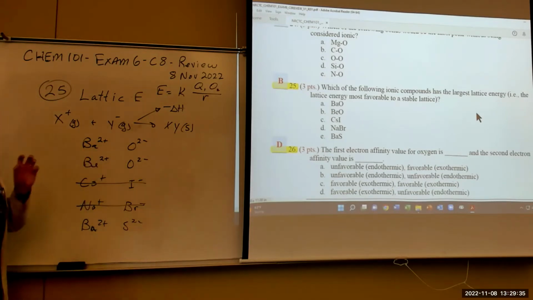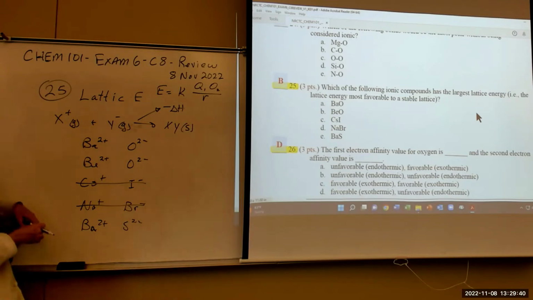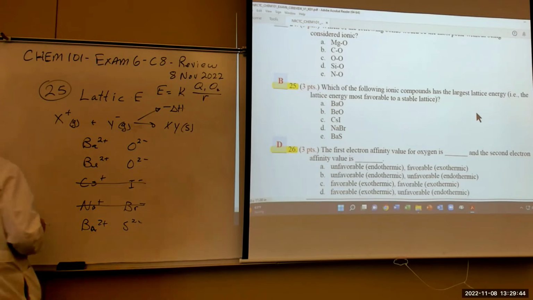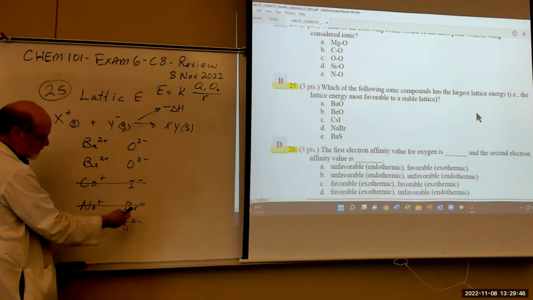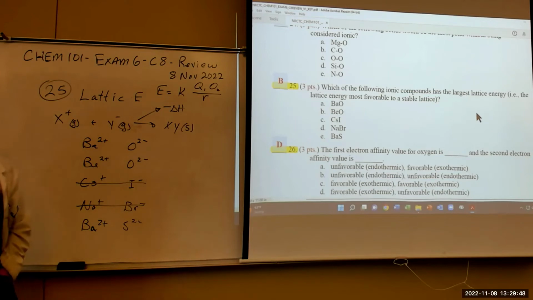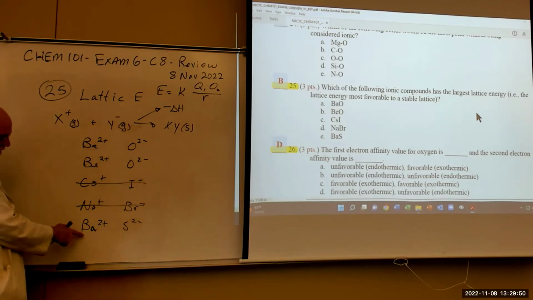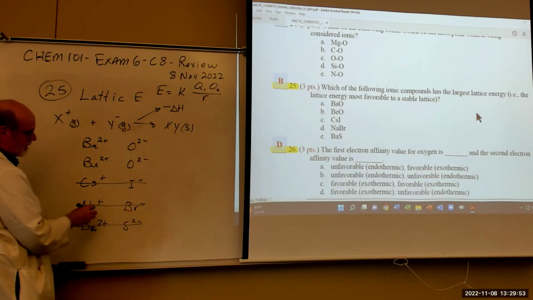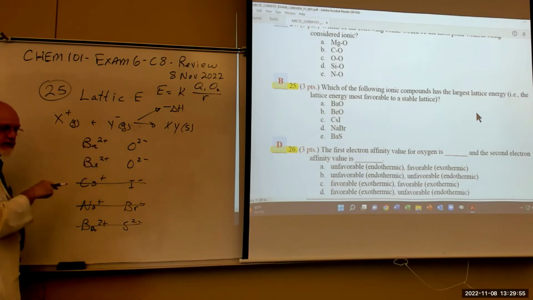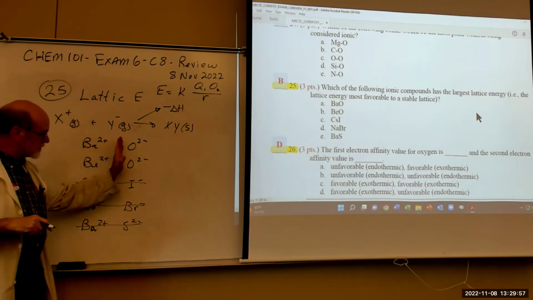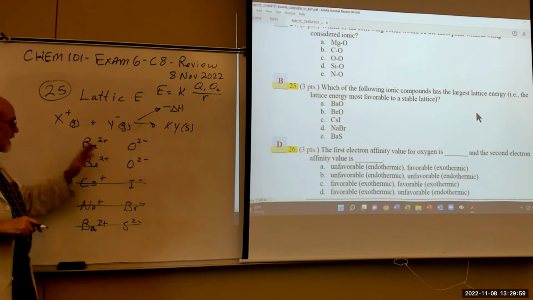Now, which ones could get the closest together when they come together? Sulfur is below oxygen, so it's a bigger ion. That means you can't get as close with the cation. So it's a battle between these two. Since the anion is the same, oxygen, how about the cations?